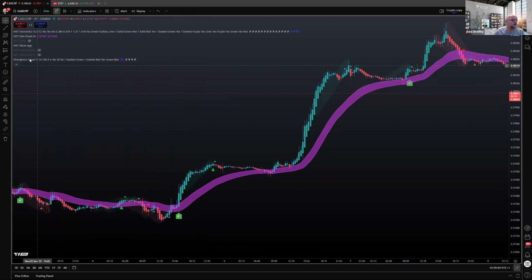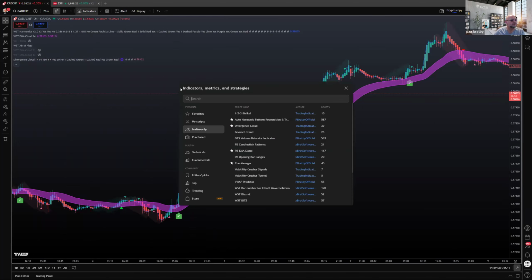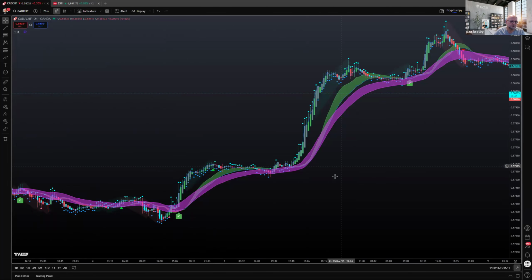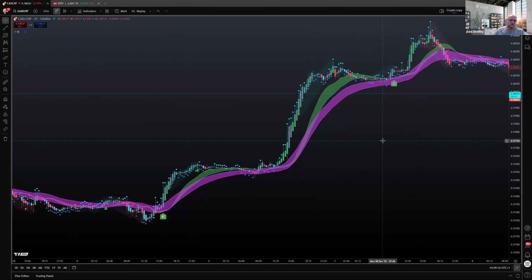Okay. Now, if we add the manager, I'll find it. What the manager does is allow you to micromanage trades with the behavior.